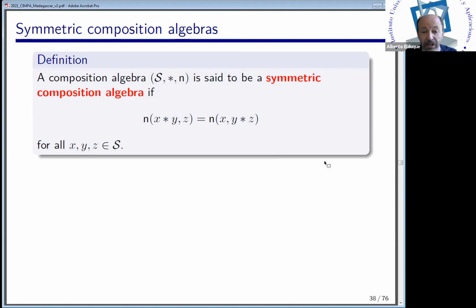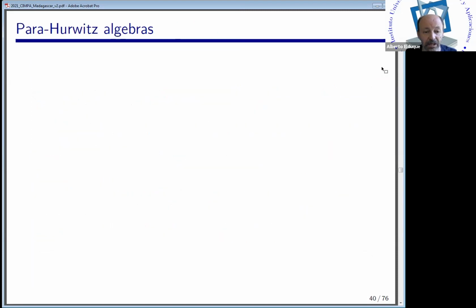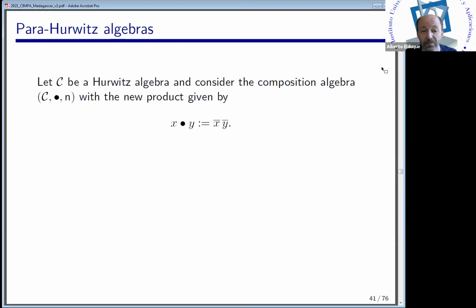So we were dealing with these symmetric composition algebras, and we look at examples. We had a characterization, and the first example is the so-called para-Hurwitz algebras. By the way, these algebras have appeared this morning in the talk by Professor Guterman. It's one of the families of standard composition algebras.